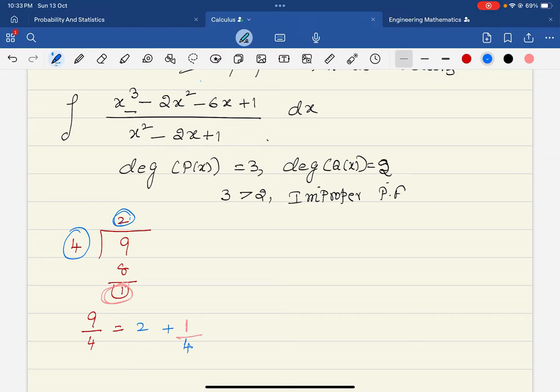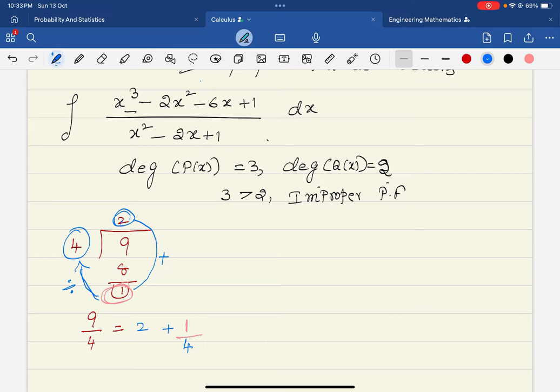So 2 plus this divided by 4. Like that we write the fractions, as the improper fraction can be made like this.